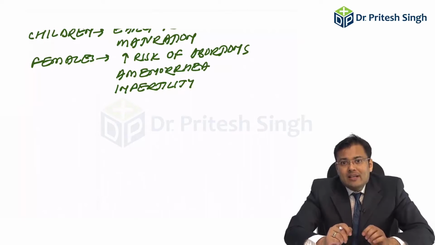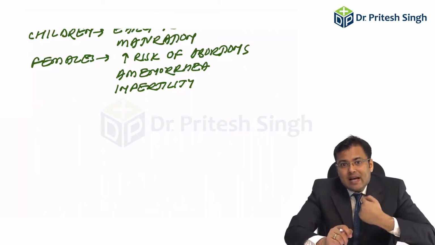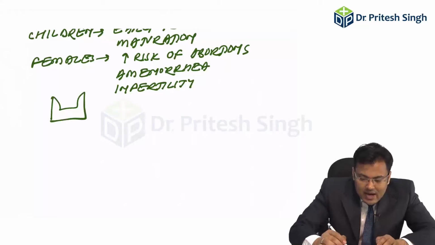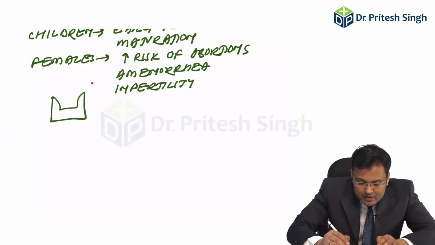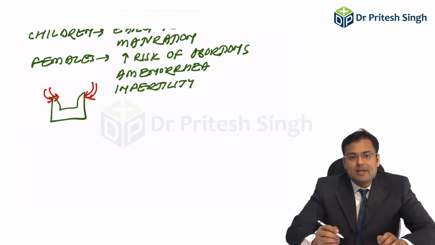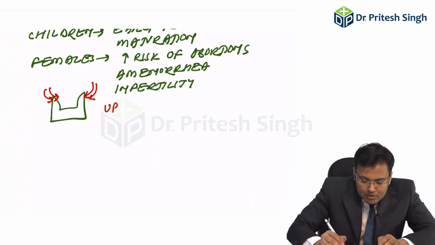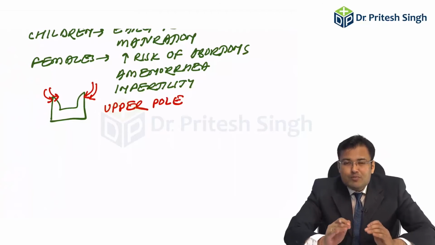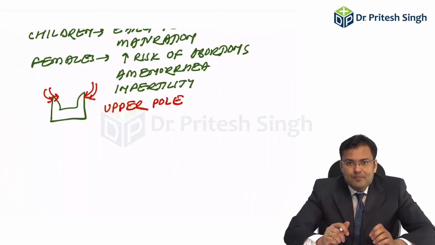That's why in Graves' disease, the gland is hypervascular. And the question is asked, this hypervascularity is most marked over which pole? It is at upper pole or near upper pole. So hypervascularity is most prominent near upper pole.